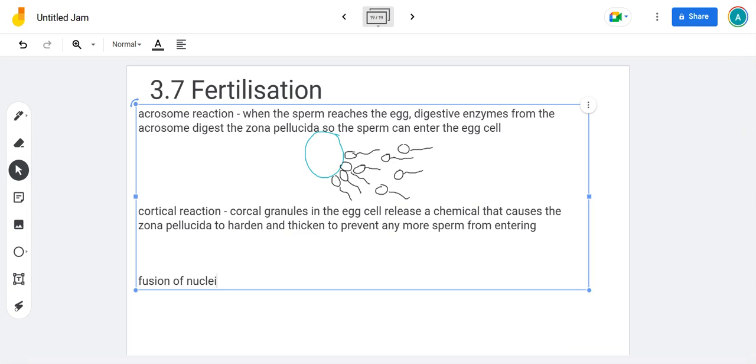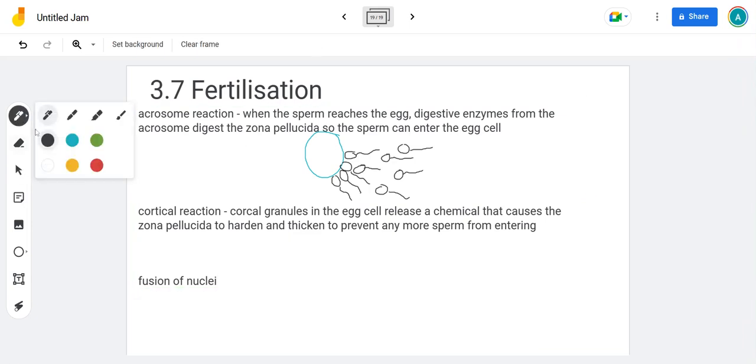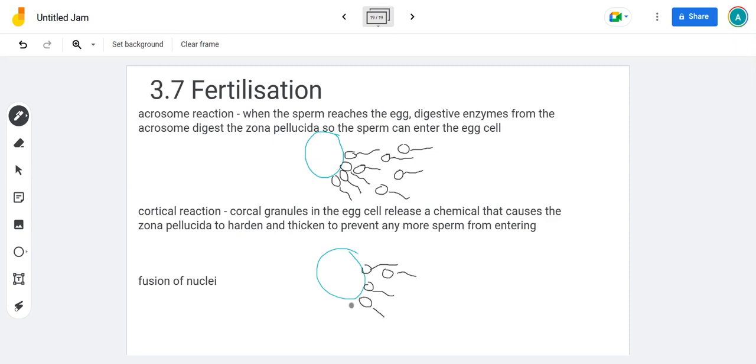Okay, so now one sperm is inside the egg cell. So here's our egg cell here. We've still got loads of sperm that wanted to get in but can't get in. But one's made it in. And inside the sperm cell, we had a nucleus.